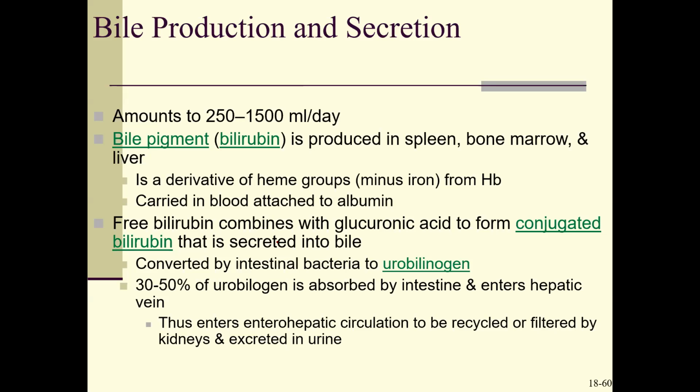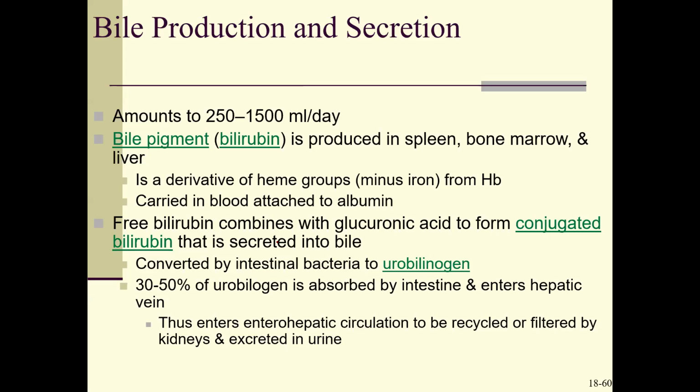They take the red blood cell, they break it down, they degrade the globin to amino acids. Amino acids get recycled or digested and used for energy. But the heme is very insoluble and has to be handled differently. So the iron is taken out, recycled.